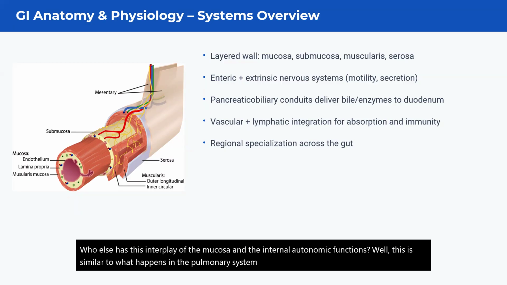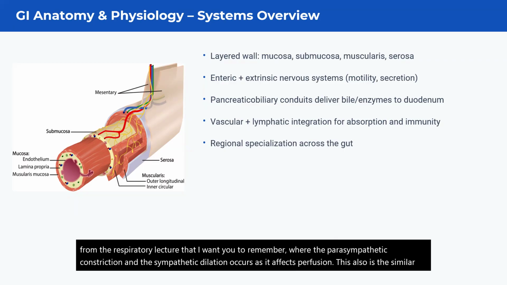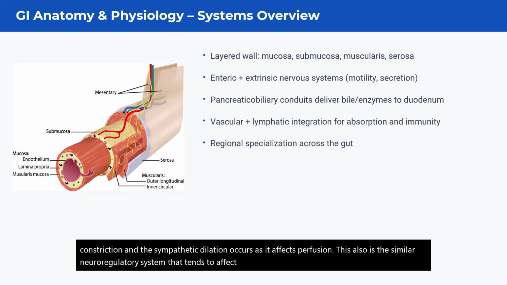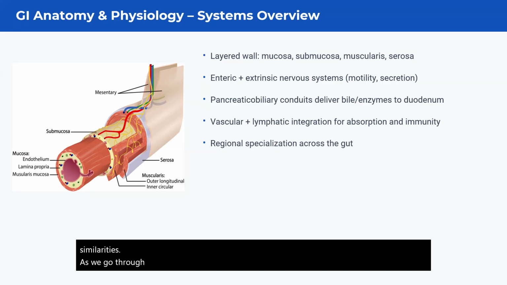There's this pulmonary autonomic balance from the respiratory lecture that I want you to remember, where the parasympathetic constriction and the sympathetic dilation occurs as it affects perfusion. This also is a similar neuroregulatory system that tends to affect the renal system. We'll talk about those similarities as we go through because you're going to see a lot of overlap.